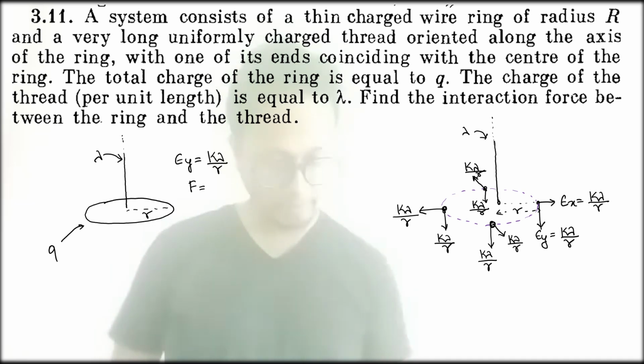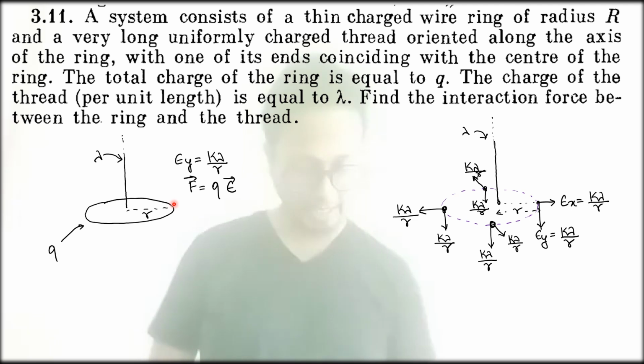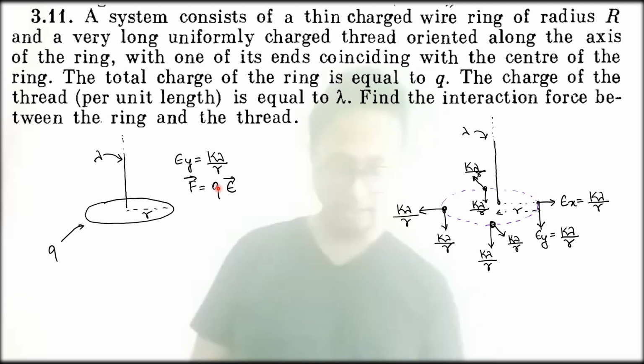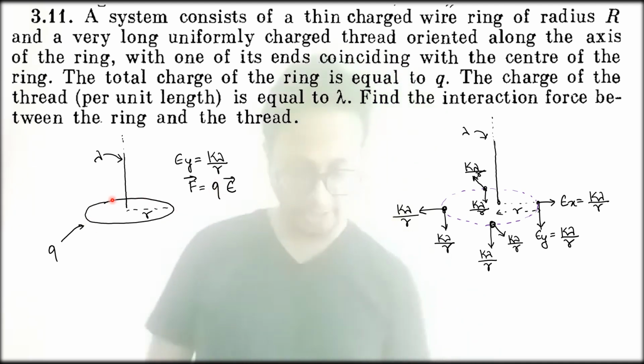What is force? Force is nothing but charge into electric field. Now the electric field due to this semi-infinite wire is equal to K lambda by R. The total charge on this ring is q, into the electric field created by the semi-infinite wire, isn't it?